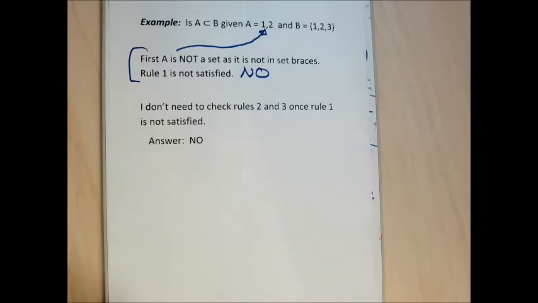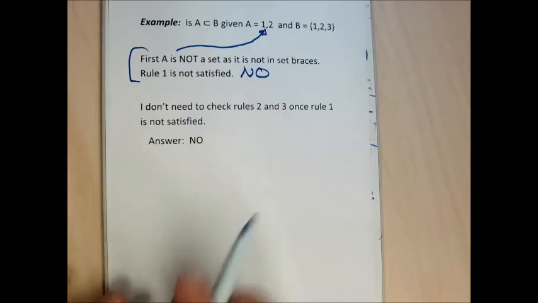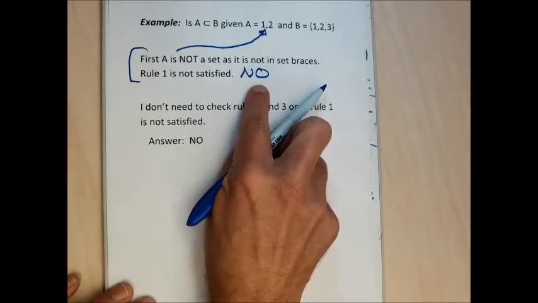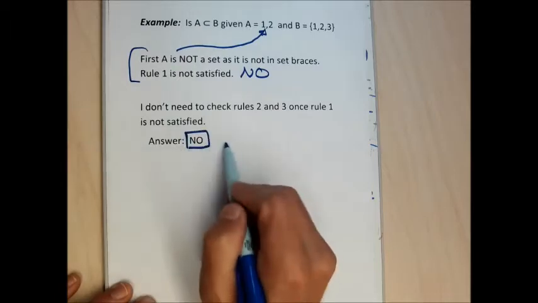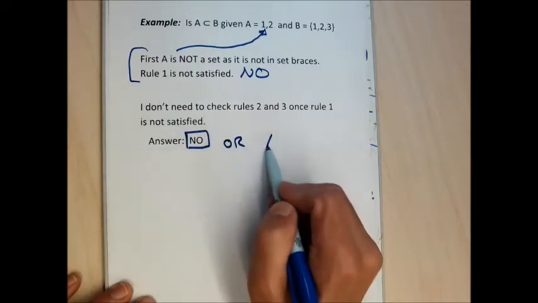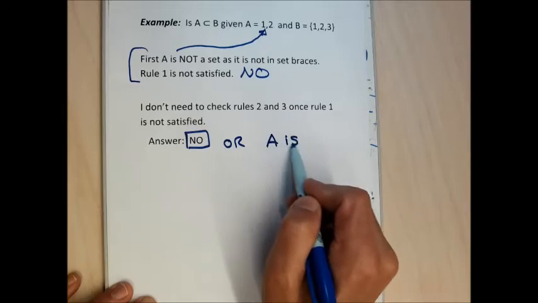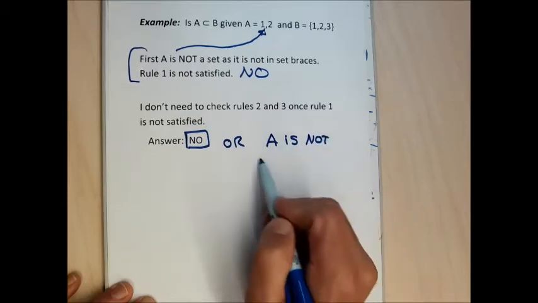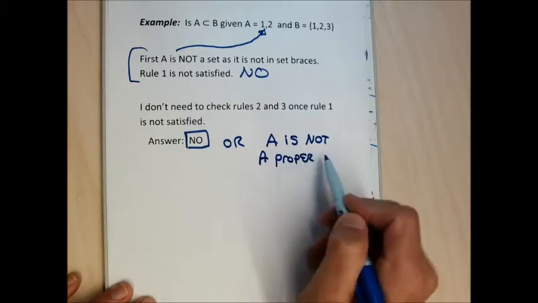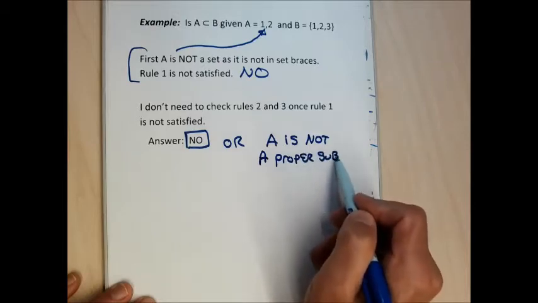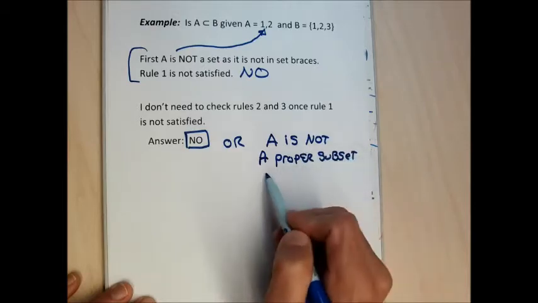I don't care about the rest of the three checkings because all three checkings need to be true. Because A is not a set, then we can't say that A is a proper subset of B. So the answer is going to be no. Or again, I can say A is not a proper subset of B.